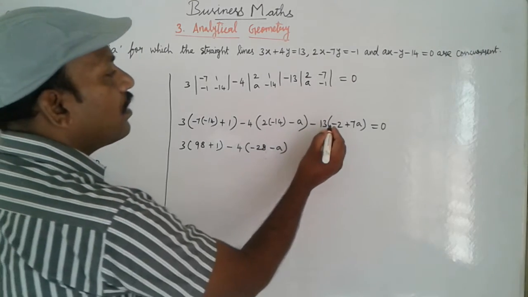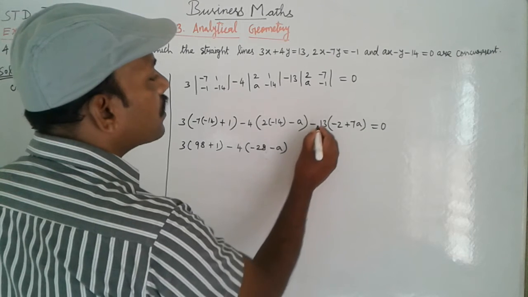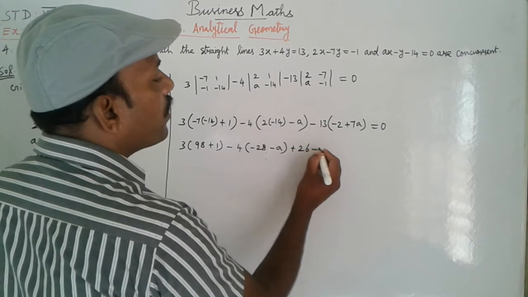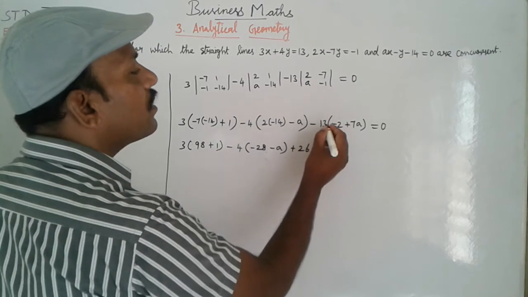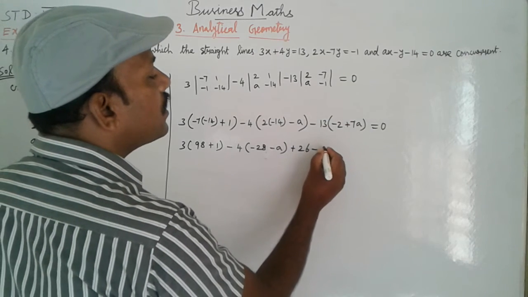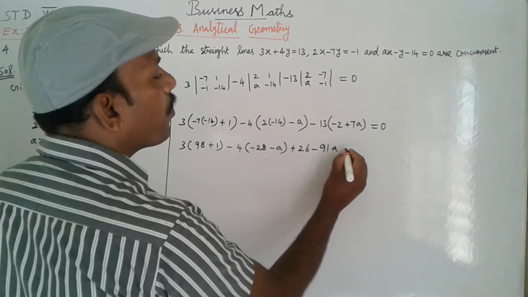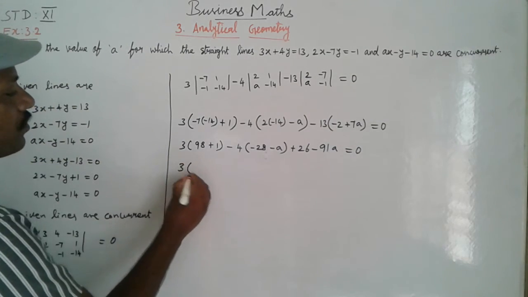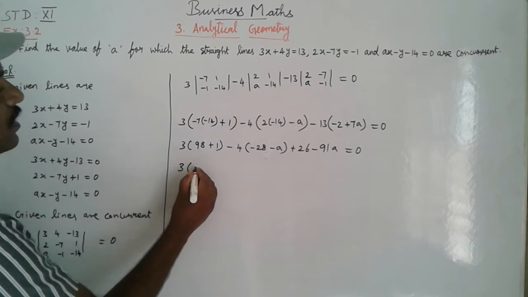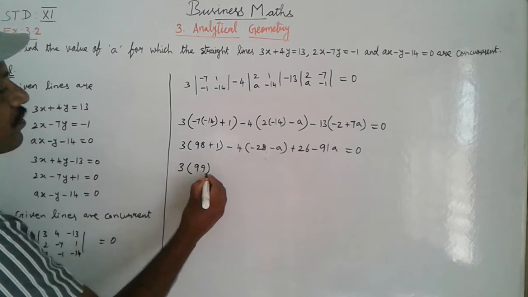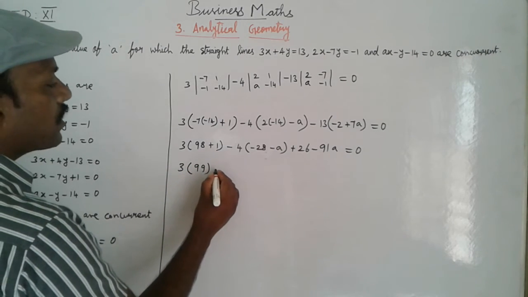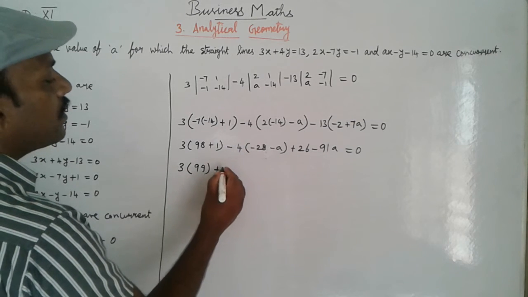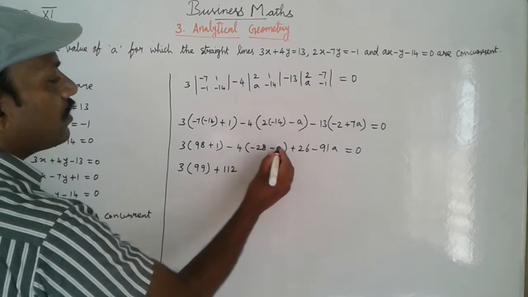Minus 13 times 2 is 26, minus into minus gives plus 26, and minus 13 into 7a is 91a, equal to 0. So 3 into 99, since 98 plus 1 is 99, and minus into minus, plus 4 into 28 is 112.